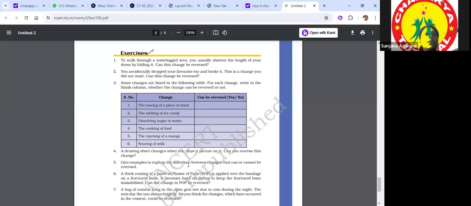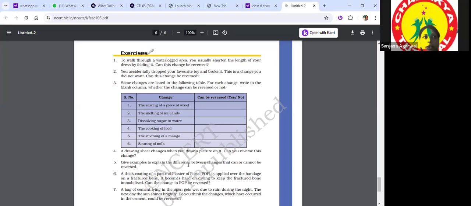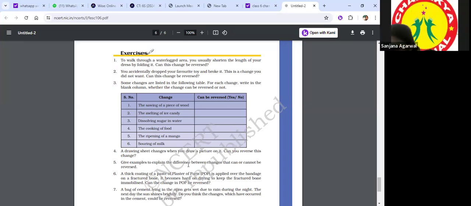Another action. Cutting clothes, ma'am, like into small pieces. Is this can be or cannot be? Cannot be, ma'am. Irreversible. Okay. Can be example.